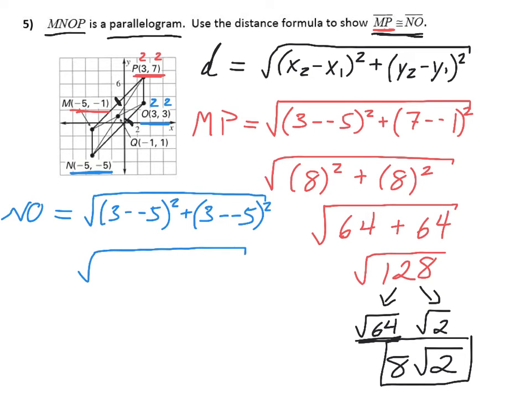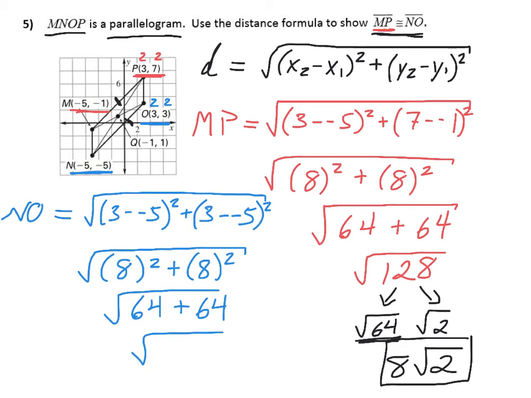So both sets of parentheses are the same. It looks like I'm going to end up with positive 8 squared, positive 8 squared, which is going to give me 64 plus 64. This should look familiar, which then gives me square root of 128, which will lead to 8 radical 2. So now I've shown that according to the distance formula, MP is congruent to NO.